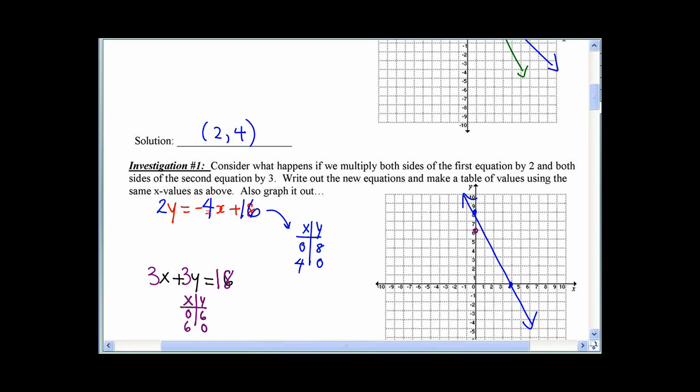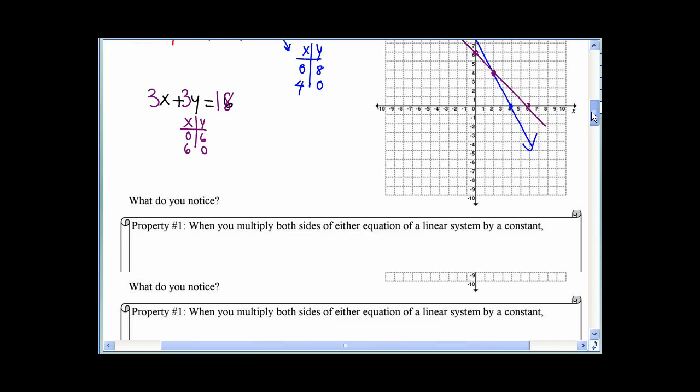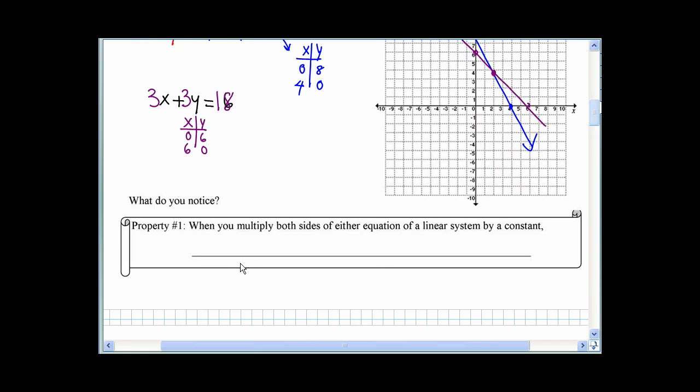Same thing, graph. I think you're like, hey, didn't we just do all this? And you'll see that the same answer appears. Yes, 2, 4. So what do you notice when you've multiplied both sides of either equation by a constant?